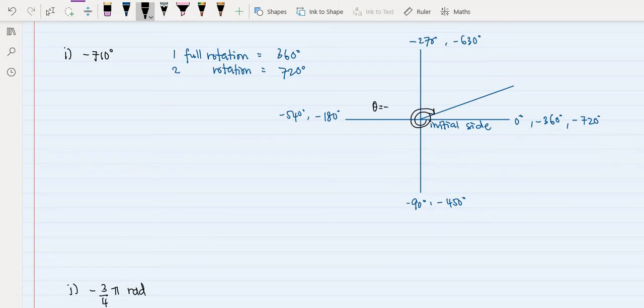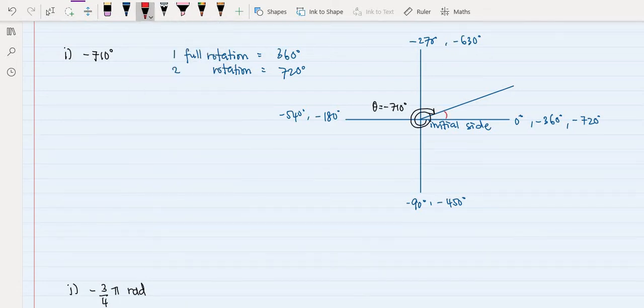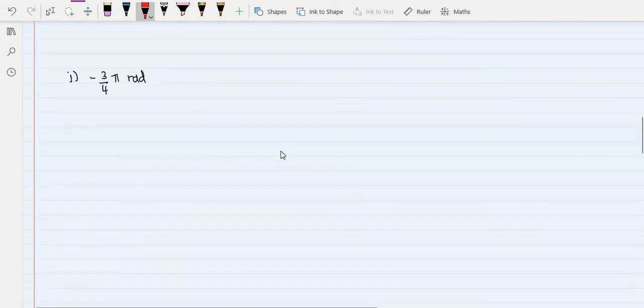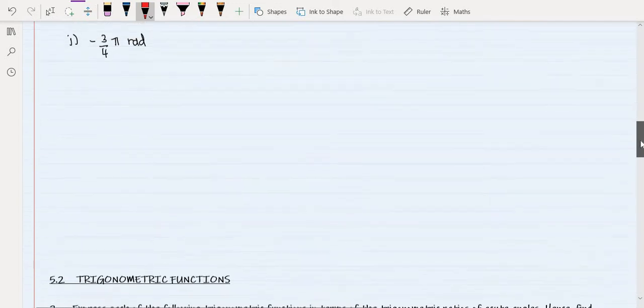So this theta is negative 710 degrees. And since the question requires us to label our basic angle, this will be my alpha, and my alpha is 10 degrees.